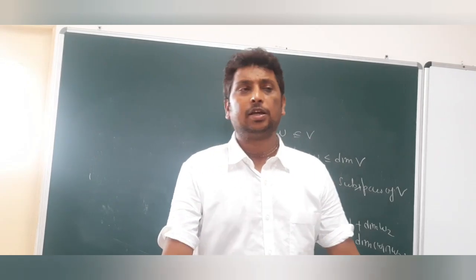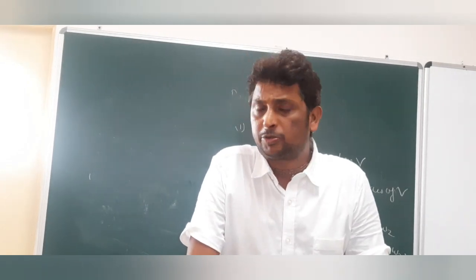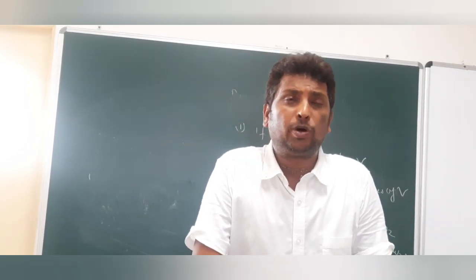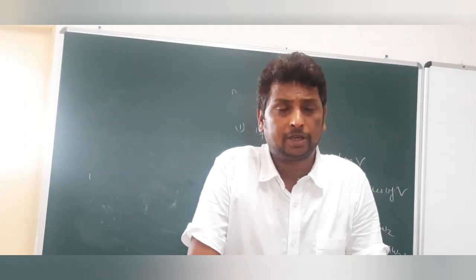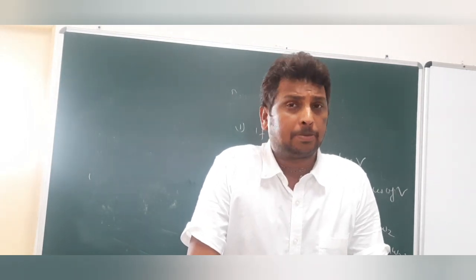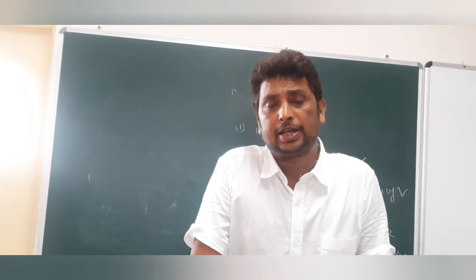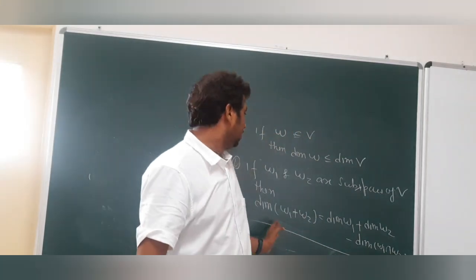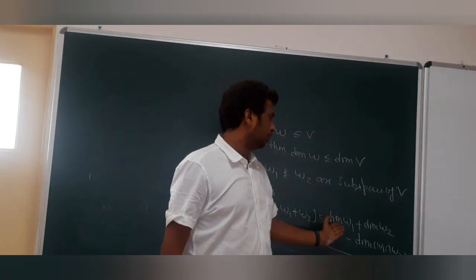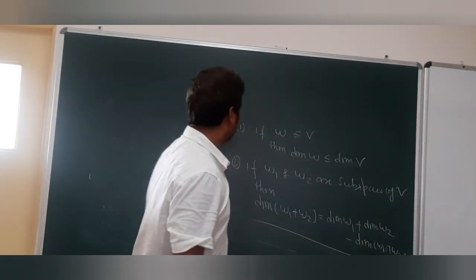We know that if W1 and W2 are subspaces of V, then W1 intersection W2 is also a subspace of V, as well as the linear sum W1 plus W2 also forms a subspace of V. And what is the dimension? Dimension of W1 plus W2 is given this way. So easily you can find it.